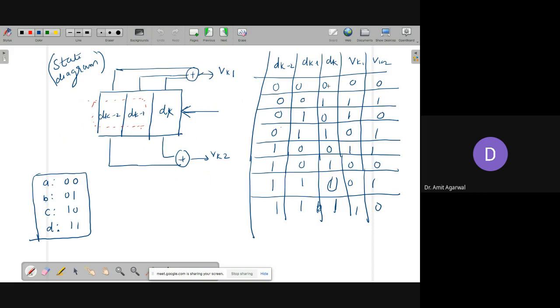If the input is 0, what is the next state? Because dk will become dk minus 1, and dk minus 1 will become dk minus 2. So you see that dk minus 1, dk becomes the next state of the convolutional encoder.